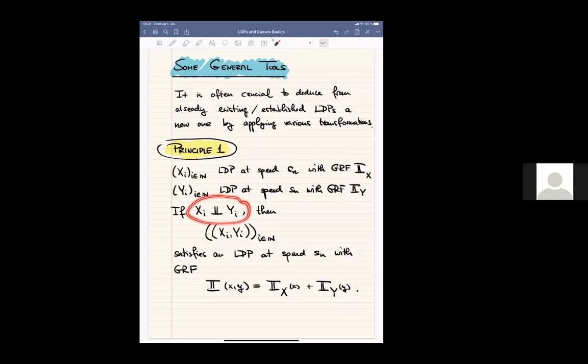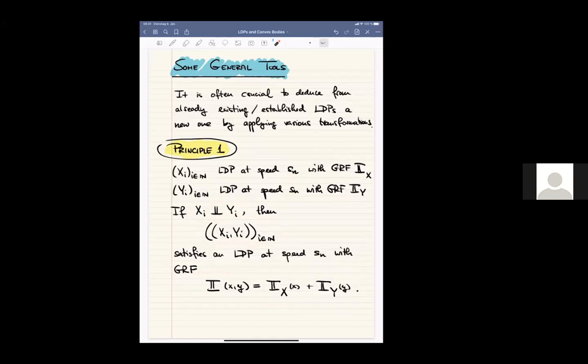Then if the random variables are independent, you know that the sequence of vectors containing the coordinates xi and yi satisfies an LDP at the same speed Sn, and the good rate function is just the sum of the rate functions. Yeah. So this is the first principle.